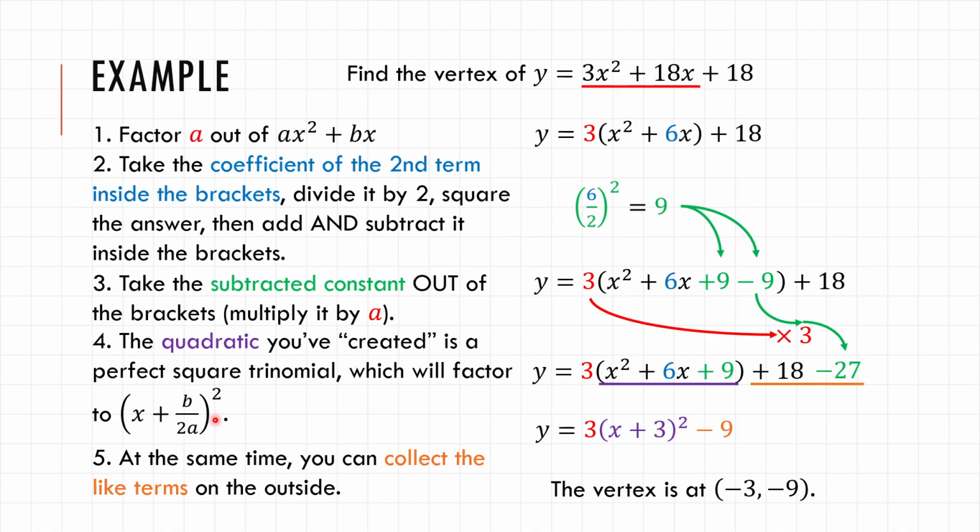B divided by a, and then over here I'll divide it by 2, just because like we saw in that perfect square, I had to move half of the x tiles to the length and half to the width. So this is half of this, so b divided by 2a. But because this is x plus b over 2a, and the vertex form is x minus h, I would then have to change that to negative. So the x value of the vertex is always going to be negative b over 2a.